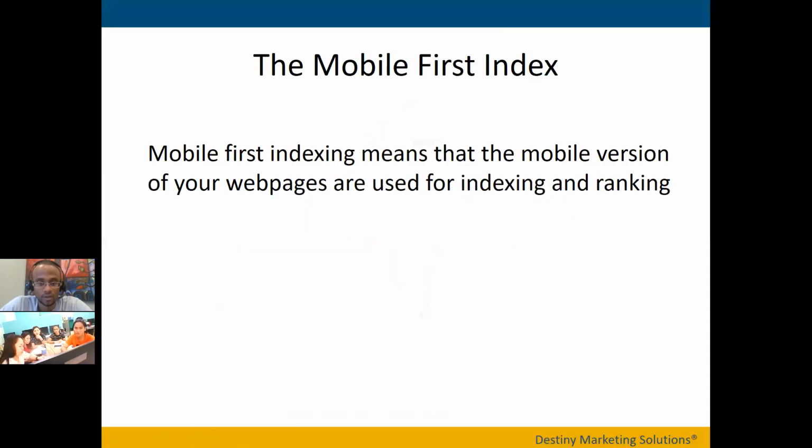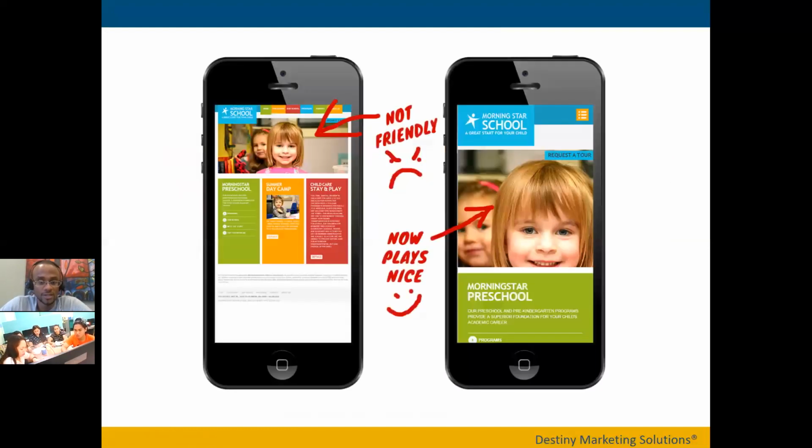The mobile first index is, in a nutshell, an effort by Google to index the mobile version of your website first, and to use that version to determine where your website gets indexed or ranked. Let's go back to this example.